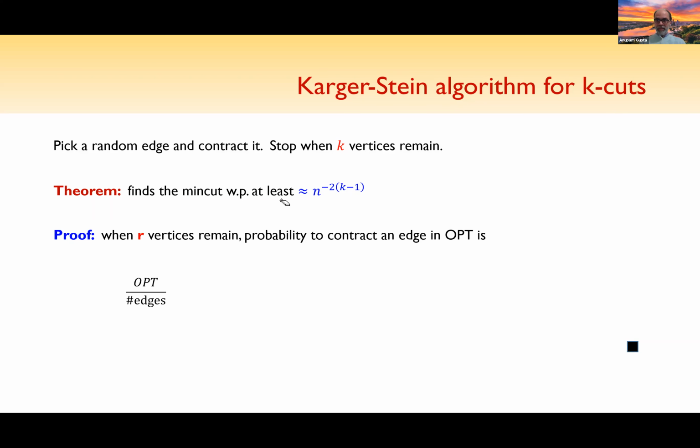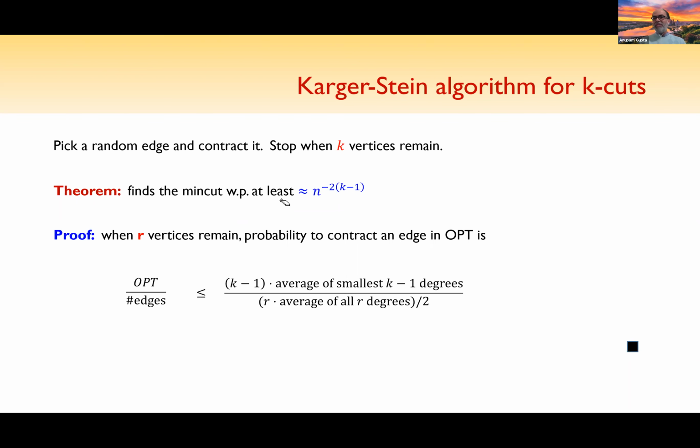And now a couple of simple bounds. The optimum is at most, one possible cut that I could have removed is just the k minus 1 vertices of lowest degree right now. So that's an upper bound on the optimum.